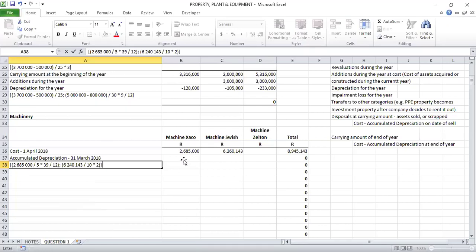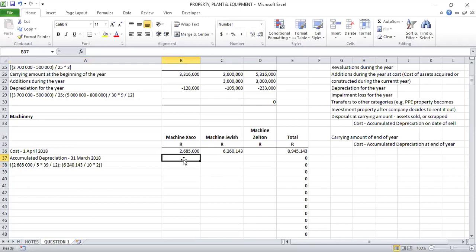Right, what do we get as the two depreciations there? Right.